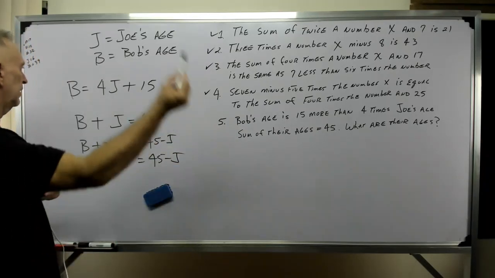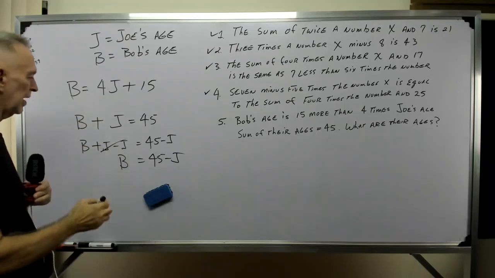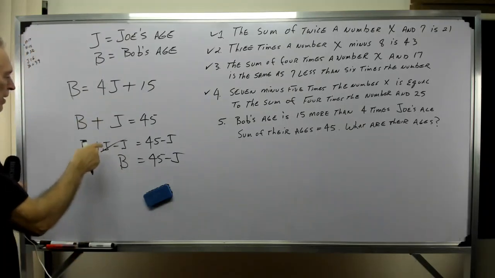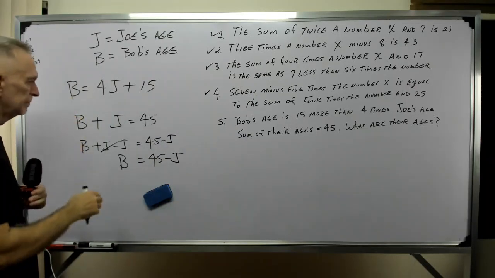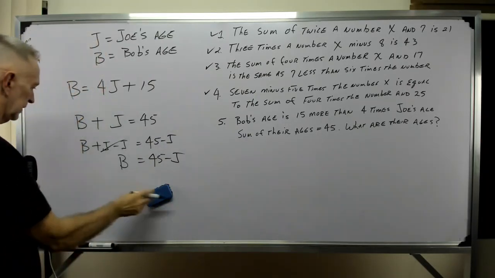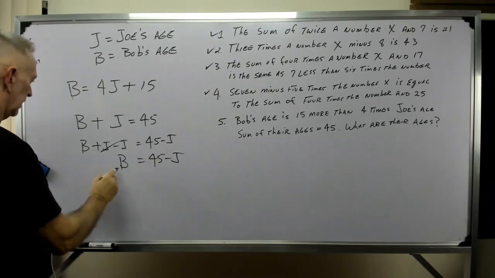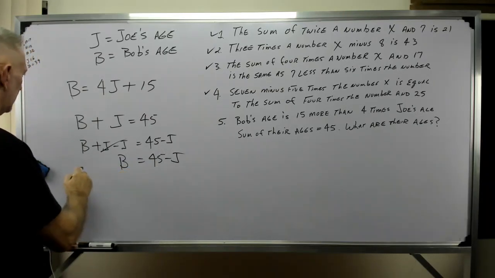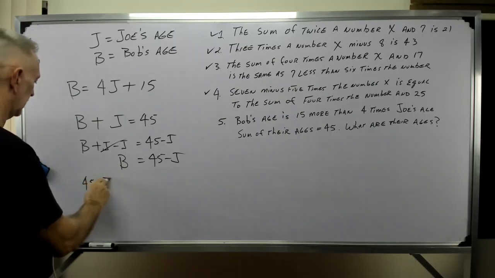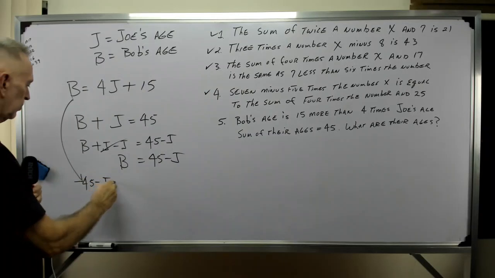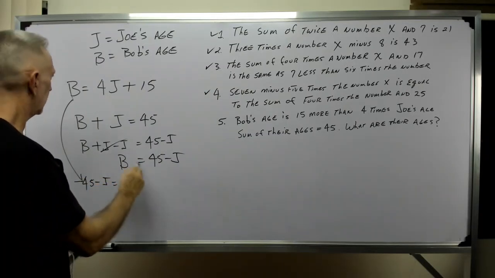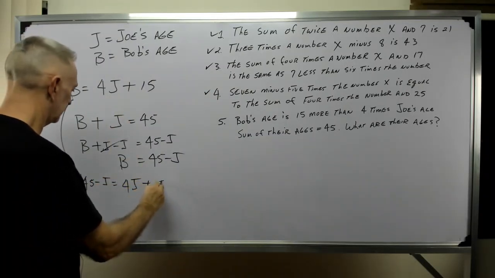Now I can take that and plug it right back in here, right? I can substitute now for Bob. Okay, let's see where we're going to do that. All right, Bob equals 45 minus J. So 45 minus J, I'm just going to substitute for Bob, equals 4J plus 15.